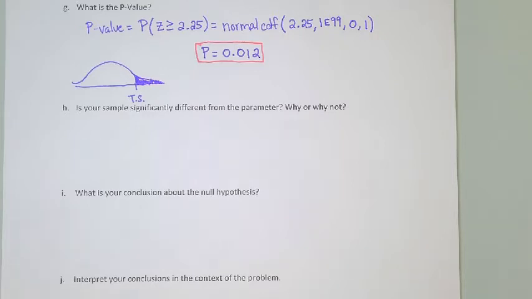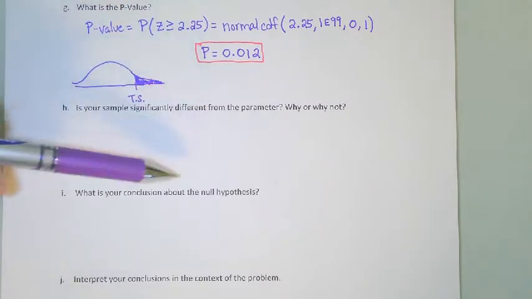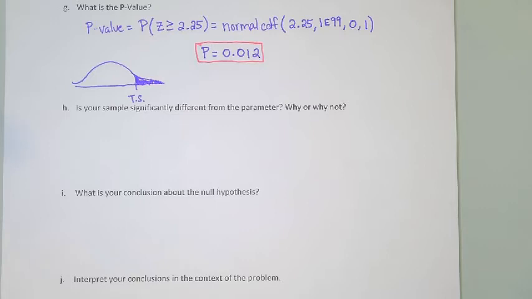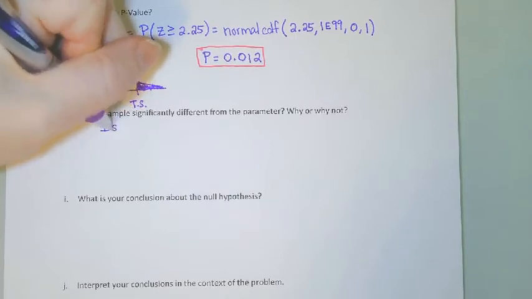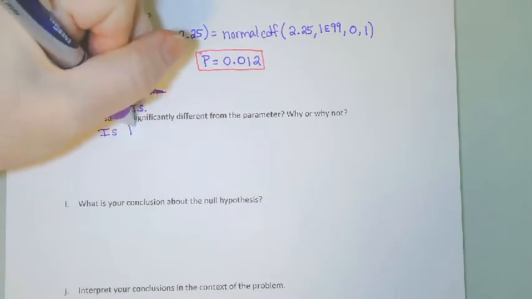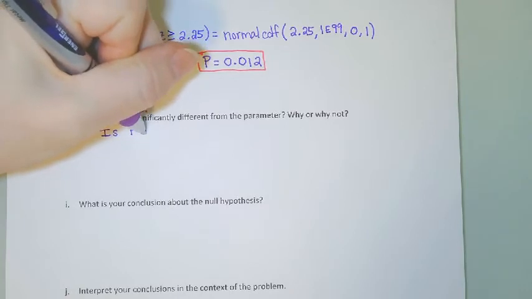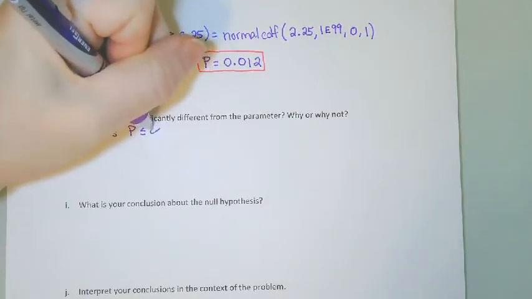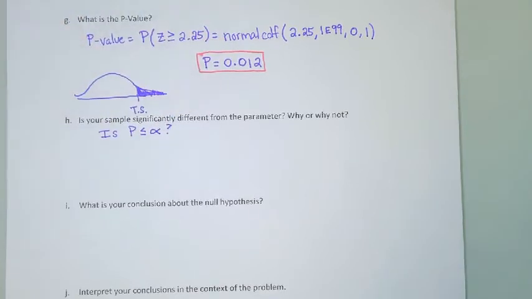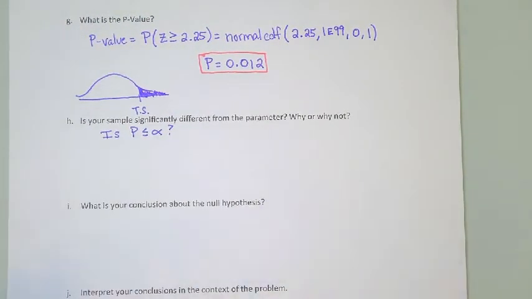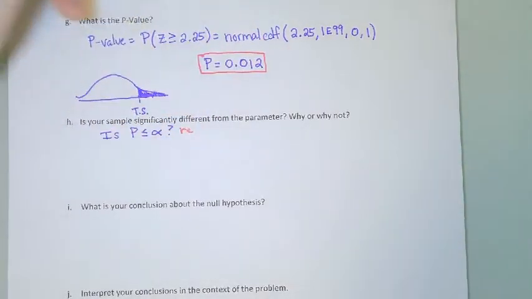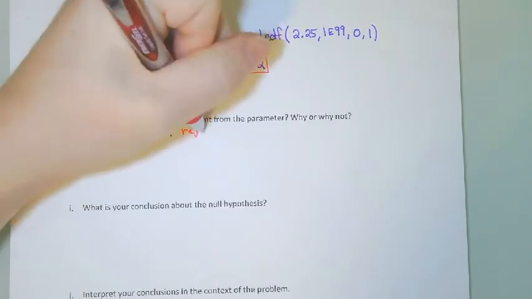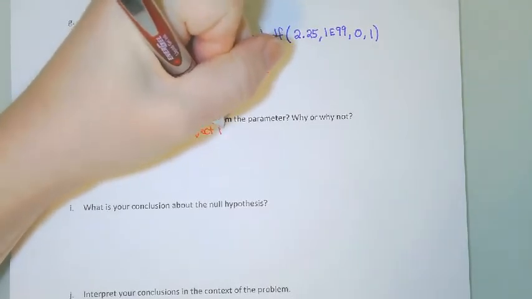to make that decision, we're always comparing our p-value to the level of significance. So I'm looking to decide, is our p-value less than or equal to the level of significance? If that's the case, we would say yes, it is statistically significant, and we're going to reject the null hypothesis.